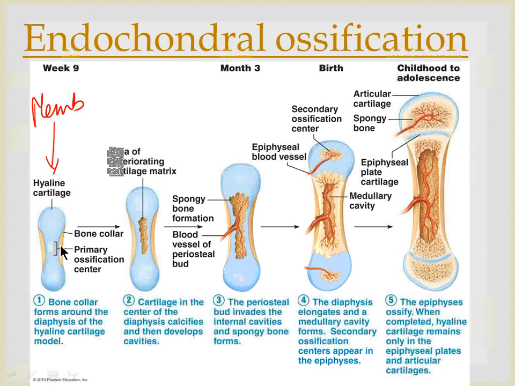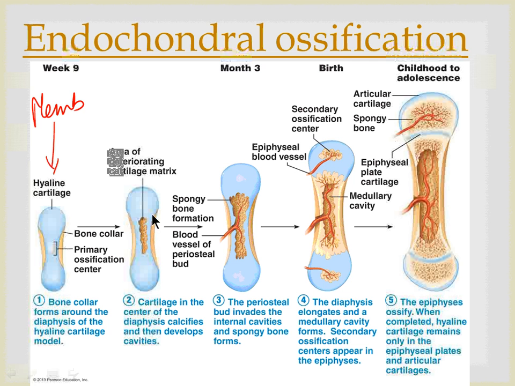At the same time, while this bony collar is being laid down, in the center of the diaphysis the cartilage cells begin to expand and grow large. When they grow large, they attract a few blood vessels, and those blood vessels deposit calcium. When calcium is deposited, those cells can no longer get their nutrition, and they begin to die.